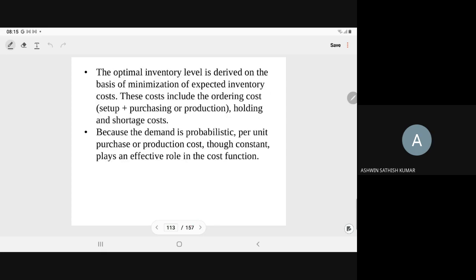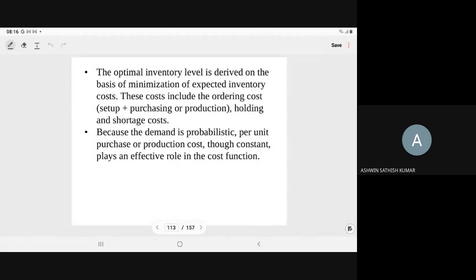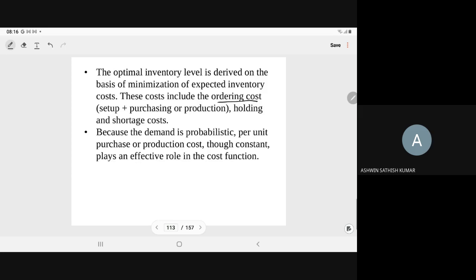The optimal inventory level is derived on the basis of minimization of the expected inventory cost. Here we compute the optimal inventory level by minimizing the expected total cost, as we have done in the previous models. These costs include the ordering or procurement cost, that is the setup cost, plus purchasing or production cost, plus holding cost, plus shortage cost.